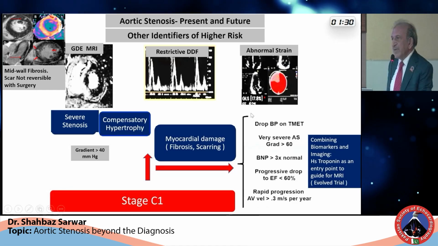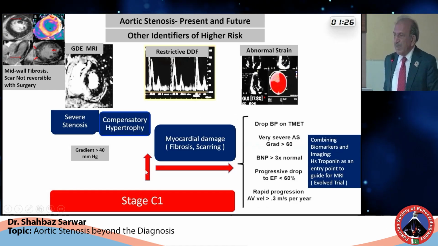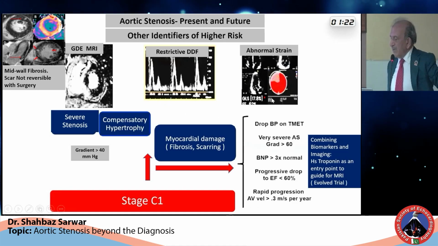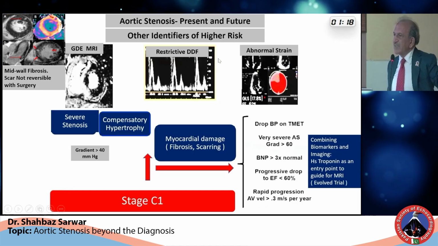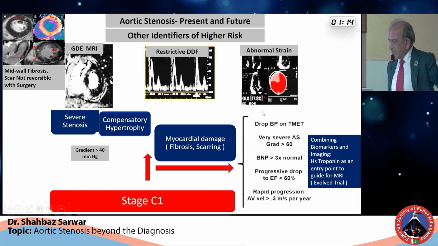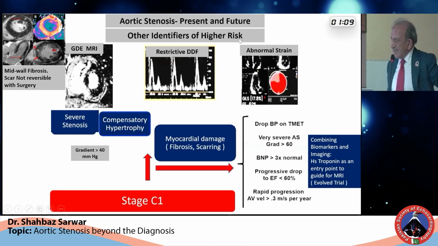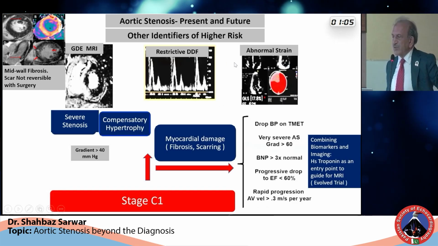biomarkers, BNP if it is more than 3 times. But apart from the BNP, people have been advocating troponin, because if in these asymptomatic patients troponin is negative, that means myocardial damage has not set in. In one of the studies, the EVOLVE trial, they used troponin as a cutoff point for when to send the patient for CMR.